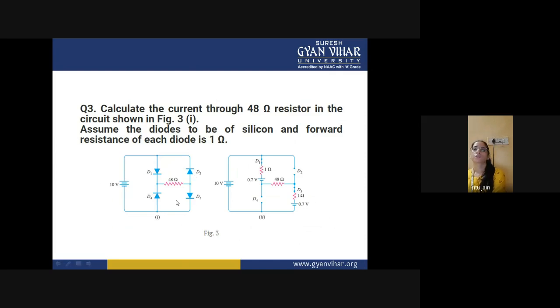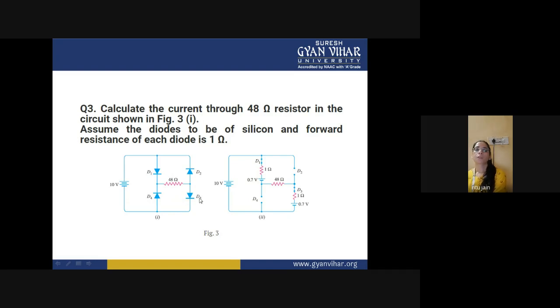Now let's come to this particular D4. You can see that this terminal is negative, it means that the anode terminal of the diode is negative with respect to the cathode terminal. So this diode will be in reverse biasing. And in this other diode, this terminal is negative with respect to this terminal, so this diode will be in forward biasing.